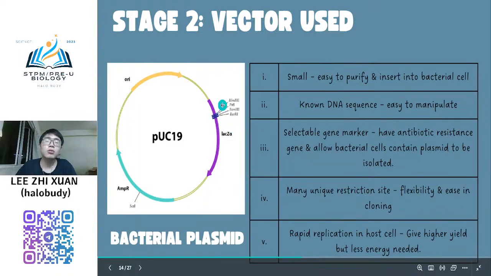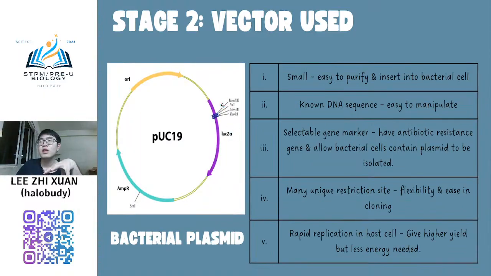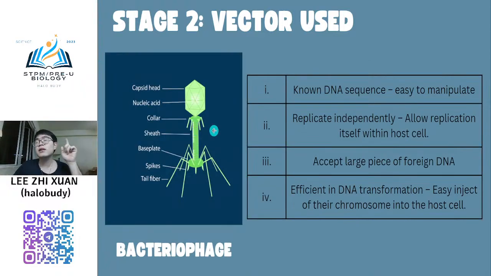Because a plasmid normally can only clone a gene sequence of about 5,000 base pair only, but bacteriophage can normally go up to 10,000 base pair. So when your gene of interest is very long, you need to use bacteriophage.